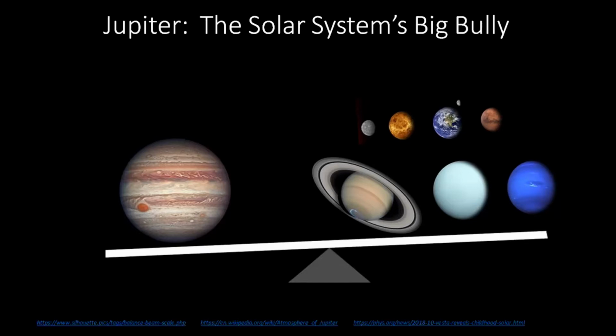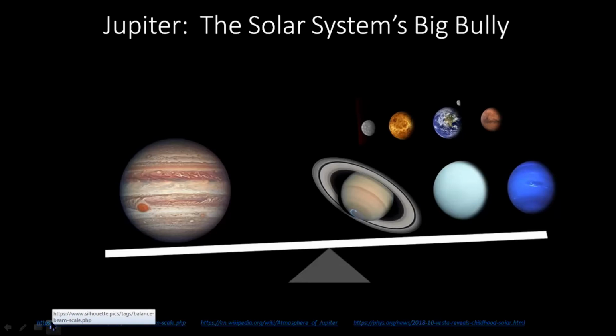Of the 1% that was left, 2/3 of it went into Jupiter. So if you take all the other planets and their moons and the asteroids, everything else in the solar system, put it on one side of the scale and put Jupiter on the other, Jupiter is about twice as massive as everything else other than the sun put together.